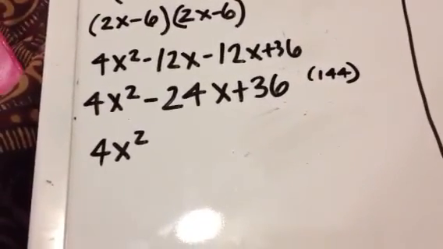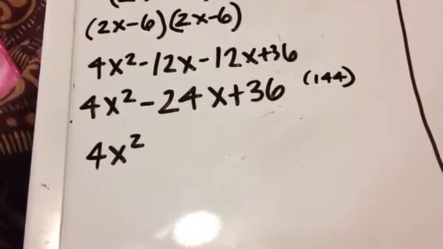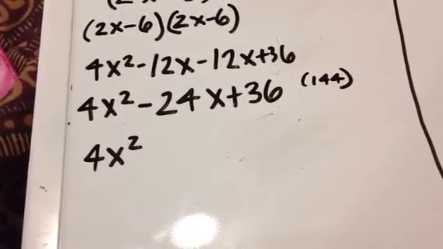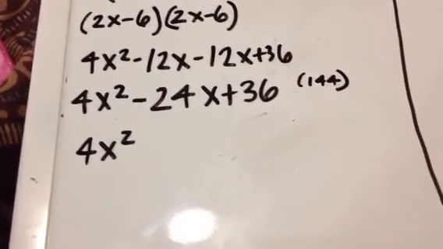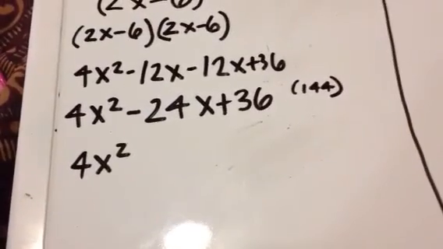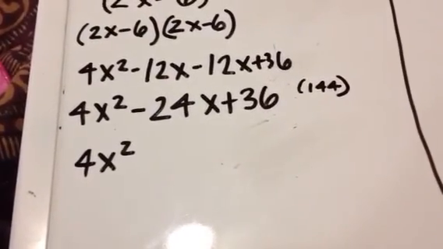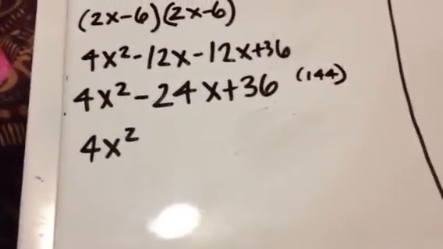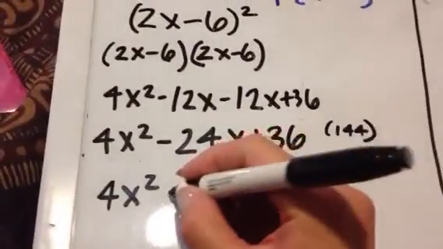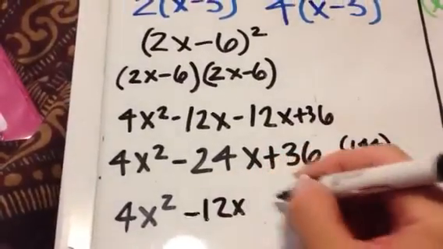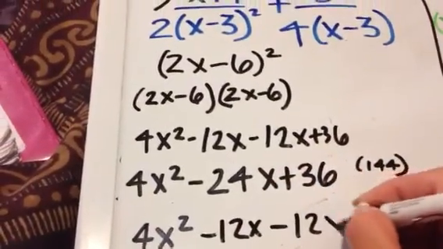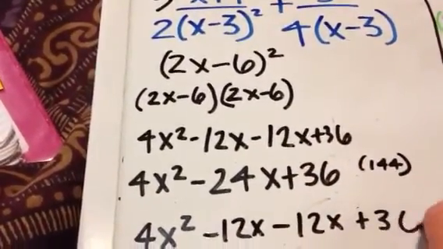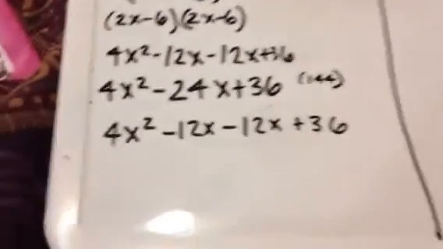And if you go through your factors, you can see that a negative 12 and a negative 12, because the two negatives multiply to equal 144, they also add to equal a negative 24. So those are the two numbers that you use. Now once you get to here, you can use group factoring.